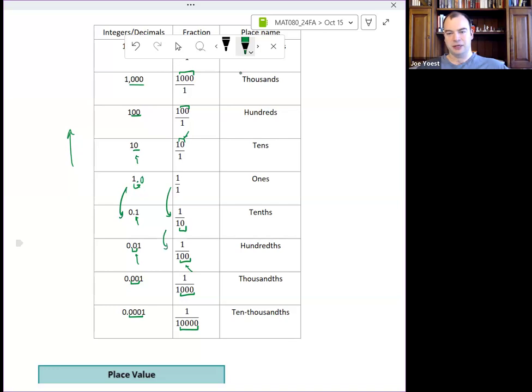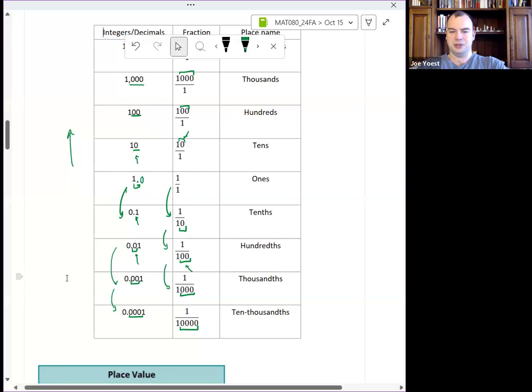And then each time we append another 0 in the denominator, we stick another 0 in between the decimal point and the number. So just something to be careful of. It's pretty symmetric how it works with the tens, hundreds, thousands, and the tenths, hundredths, thousandths, and so on, but not completely symmetric. So just note that little discrepancy there.